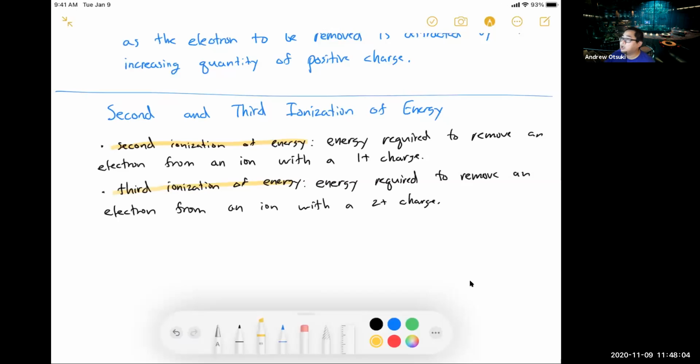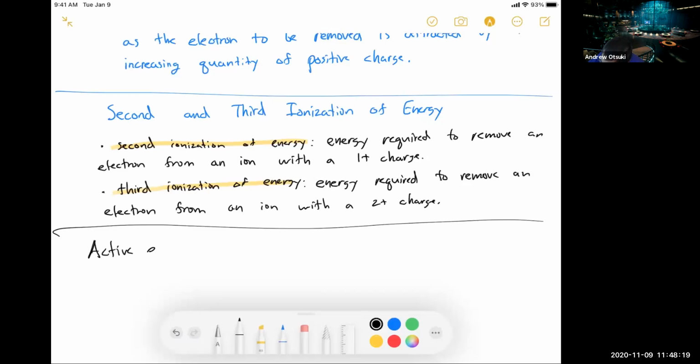So let's talk about the active exercise now. Active exercise number 2 of the day.